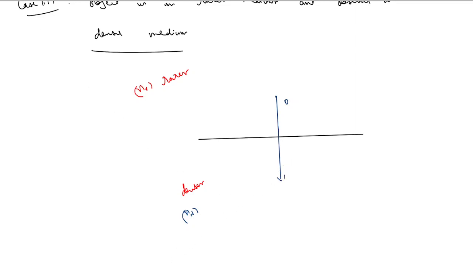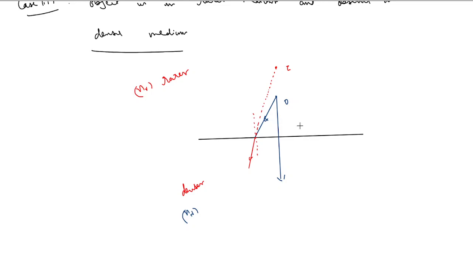We will take one more light ray which falls at an angle to the surface like this. Now since the light ray is moving from rarer to denser medium, this light ray would bend towards the normal. It will bend and go something like this. It is bending towards the normal. If we draw this light ray backwards, it appears as though it is coming from some point here. So this point would be the image of the object, we call it I.